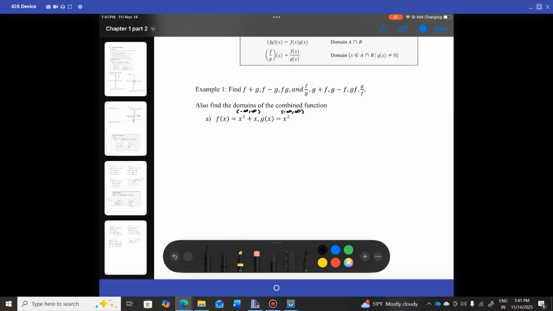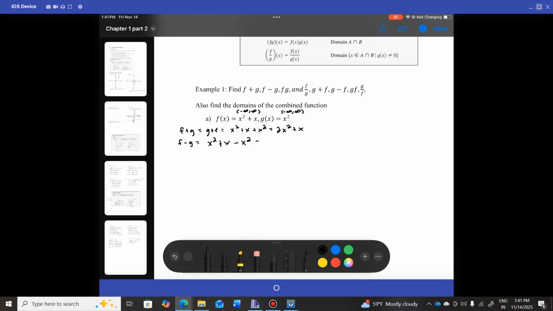So if we want to do f plus g, which is also equal to g plus f, so we're doing both at the same time, it's x squared plus x plus x squared, which is going to be 2x squared plus x. If we're doing f minus g, which is not the same thing as g minus f, it's going to be x squared plus x minus x squared.